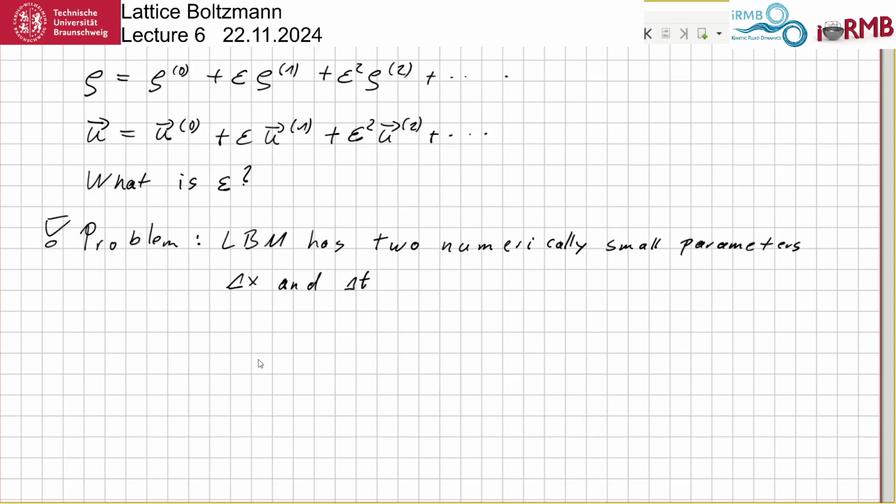So what we actually have to do in order to do an expansion like this up here of our moments, if we want to expand only one smallness parameter, is somehow link these two parameters together, so that we end up with only one. And because we have two, we have different choices for epsilon.